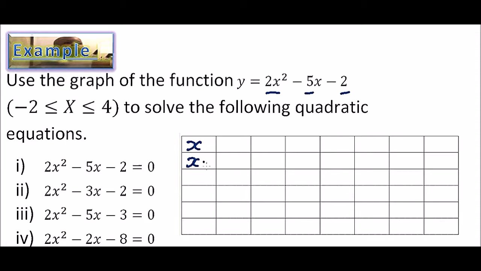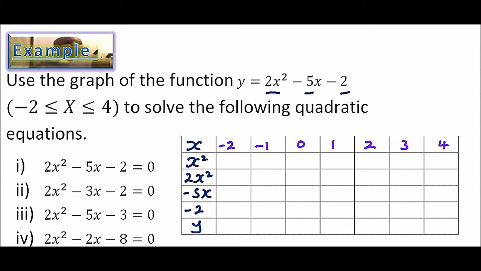We put x squared, then 2x squared, from there we have minus 5x, we have minus 2, and finally we have y. X ranges from minus 2, so we put minus 2 there, minus 1, 0, 1, 2, 3, and 4.